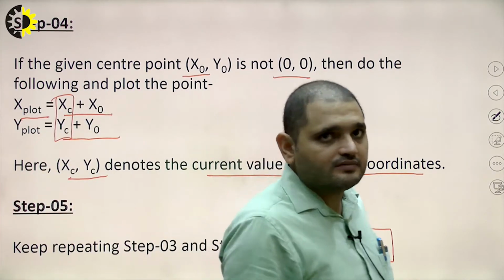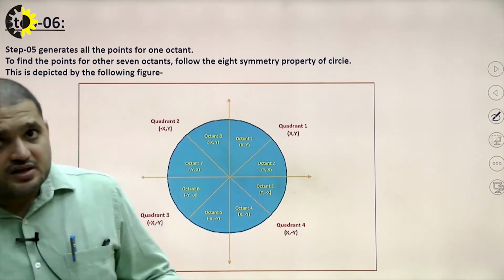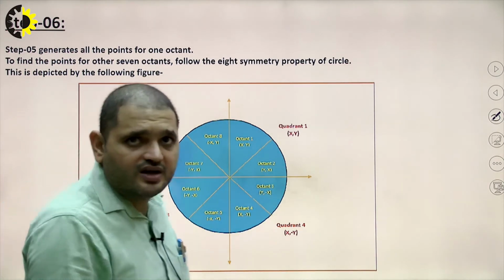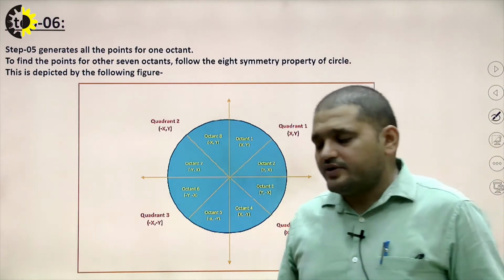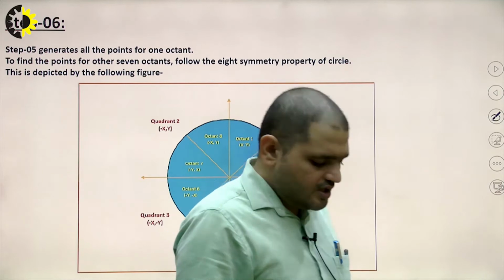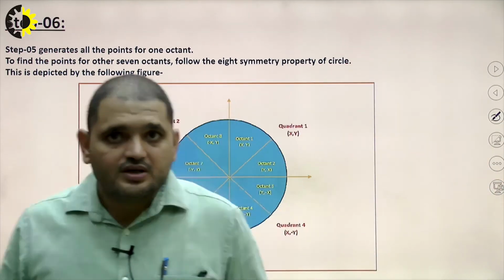Okay, understood? Once the quadrant is generated, with the help of symmetry we can find out the values of other octants or quadrants, and likewise we can generate a circle.